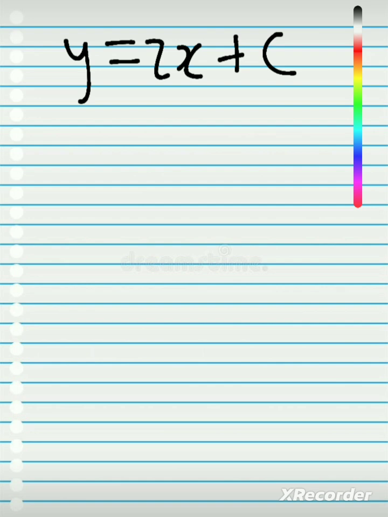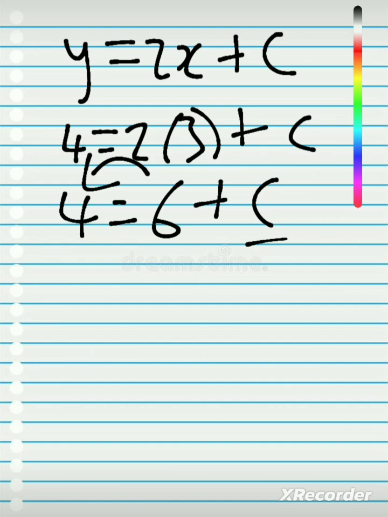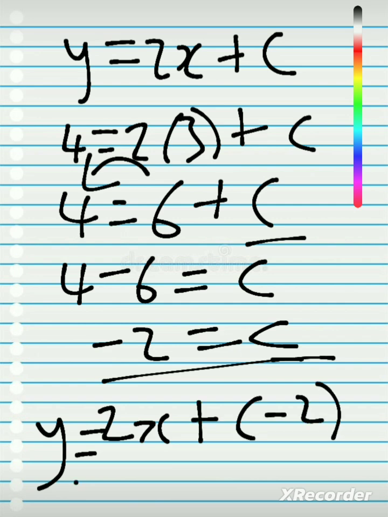We want to find the value of c, so we said y is 4 and our x was 3, so 4 equals 2 times 3, 6 plus c. If we take 6 this side so that we remain with c, it becomes 4 minus 6 equals c. 4 minus 6 is negative 2 equals c. So our final answer is going to be y equals 2x, then of course it's supposed to be plus c, negative 2, right? Because c is negative 2, so we can simplify these two. y is equal to 2x, positive times negative, minus 2.